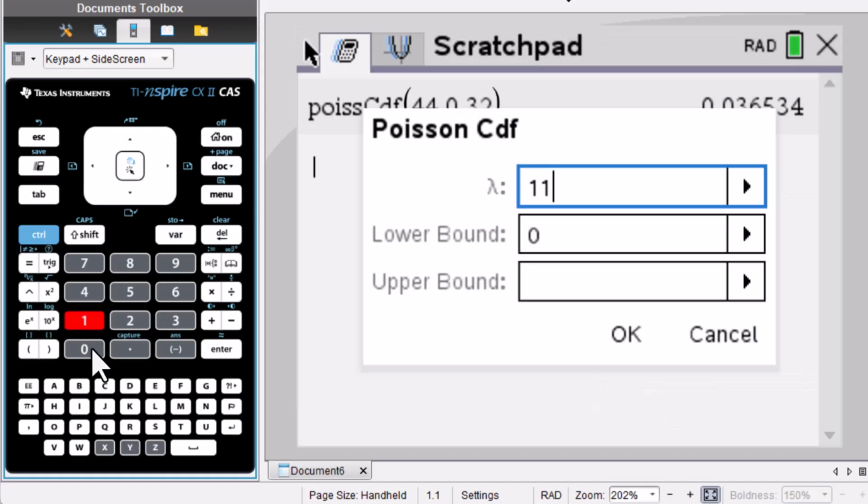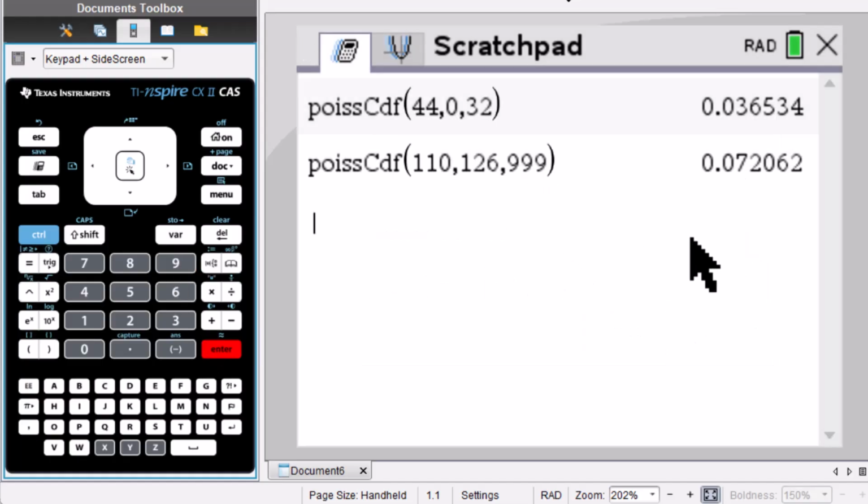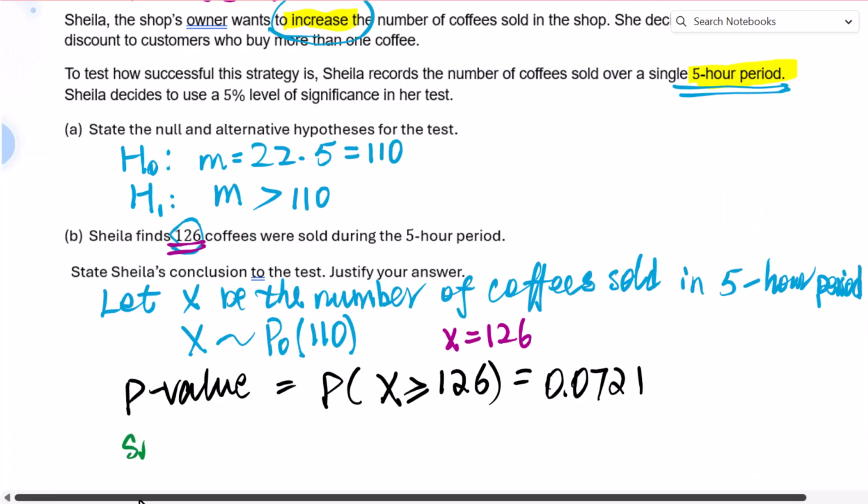Lambda is 110. Lower bound is 126. Upper bound 999. Enter, enter. The answer is 0.0721.